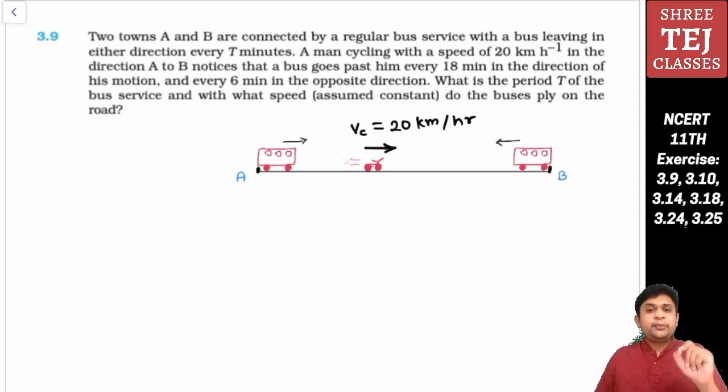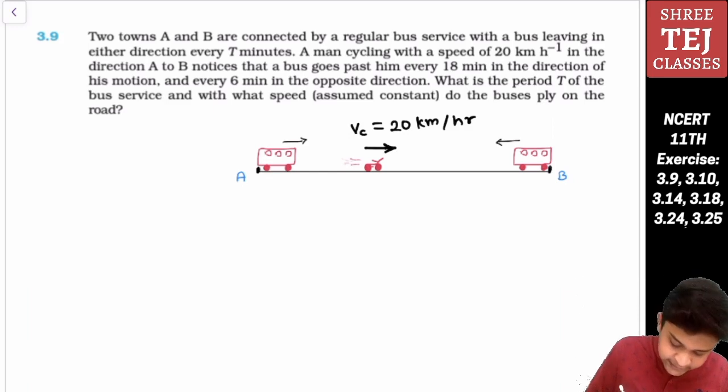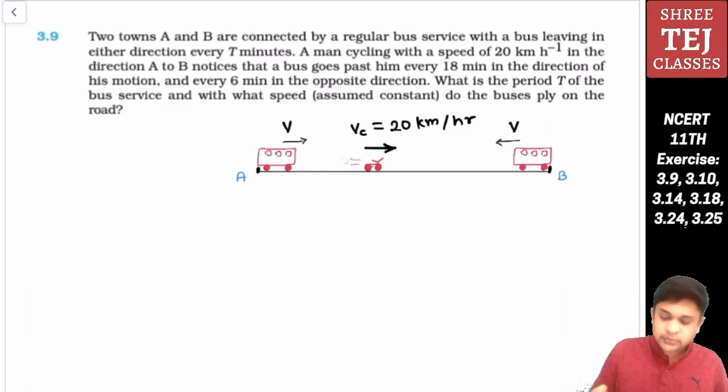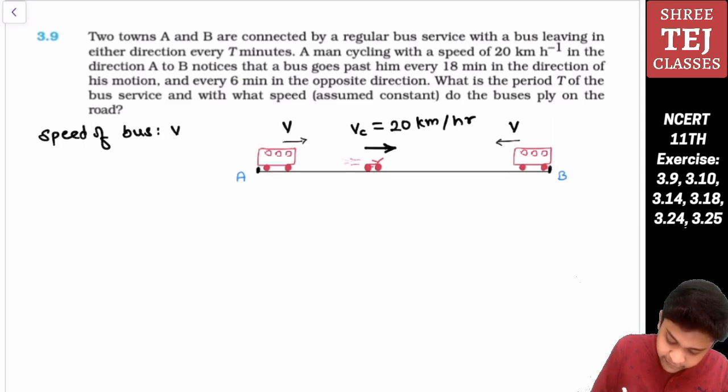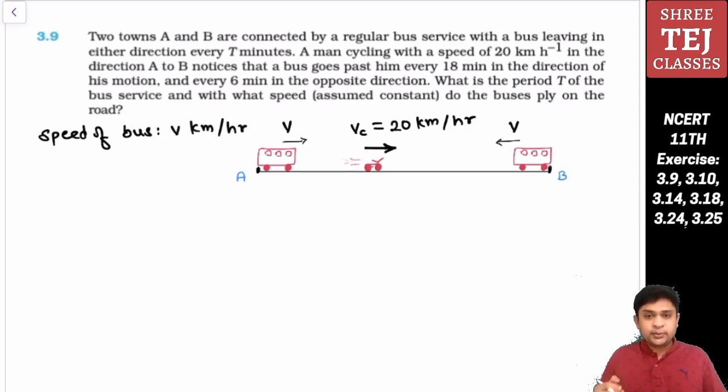We have to find period T of the bus service and the speed of the buses which lie on the road. Okay, so let us assume speed of the bus is V kilometer per hour.